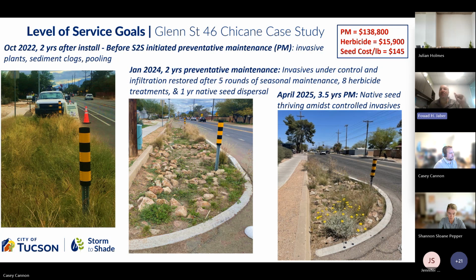So per gallon of water captured and forced to infiltrate, the cost was one fifth of a capital project that replaced the smaller pipes with bigger pipes to take care of that same flooding amount. So when you look at the big picture, green infrastructure is cheaper.